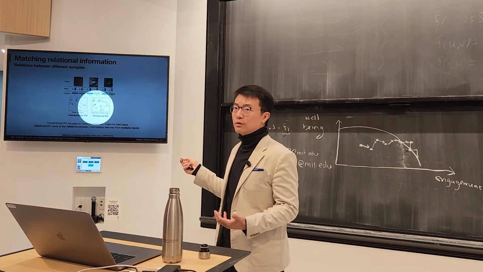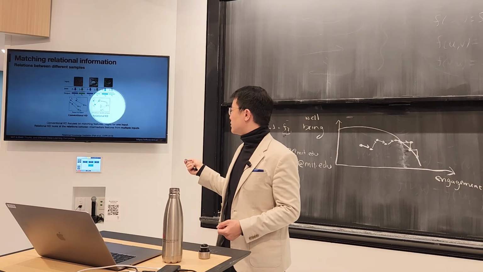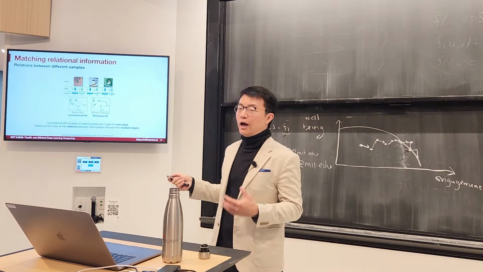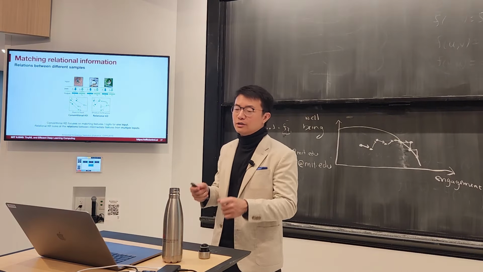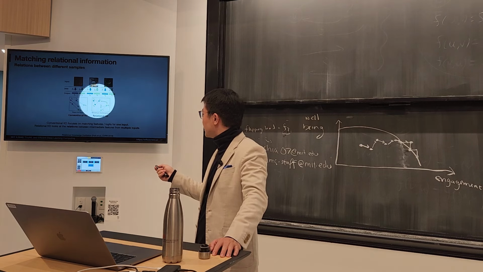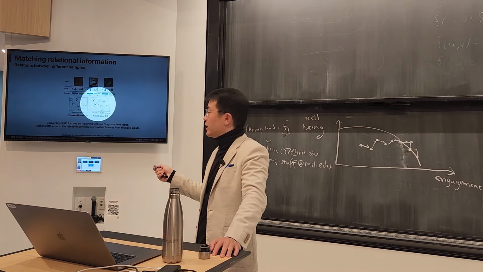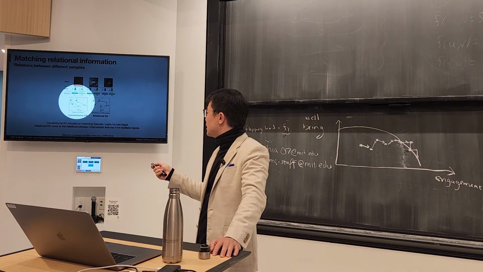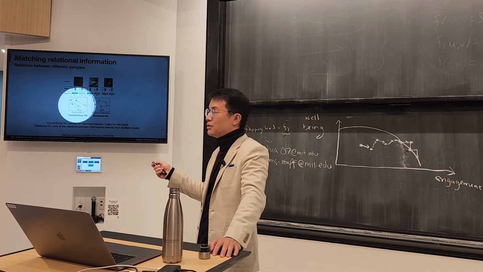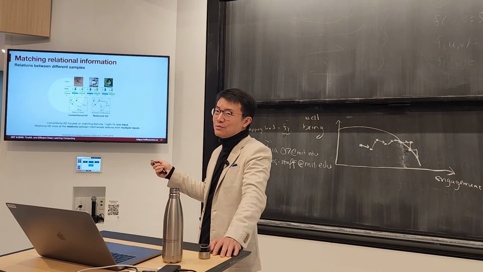T1, T2, T3 from the teacher versus S1, S2, S3 from the student. They should have very similar relationship between each other. Like here, T2 is on the right of T1, S2 should be on the right of S1. Okay? Versus in this loss, it doesn't care whether S2 is here or within the circle 330 degrees, it doesn't matter.